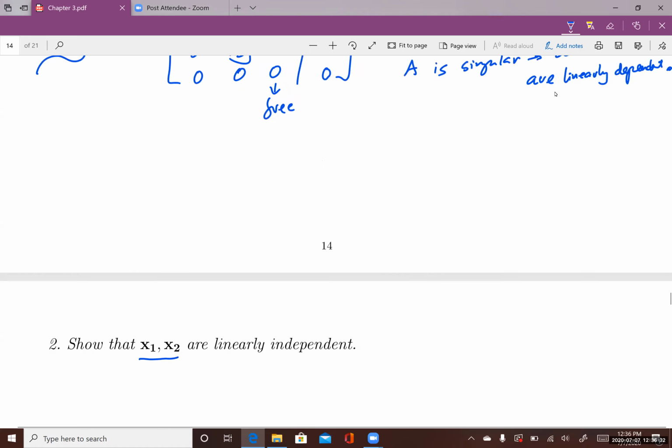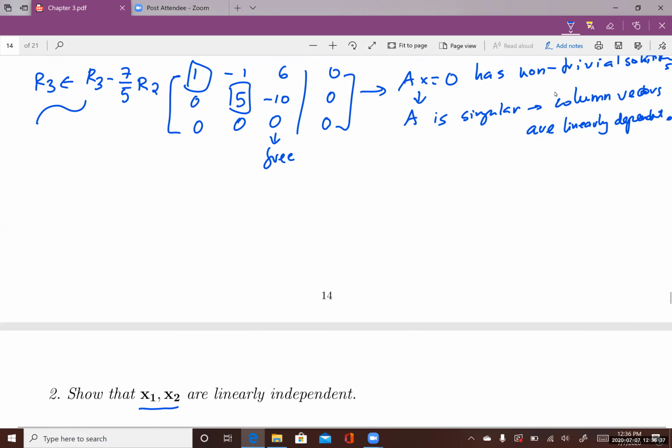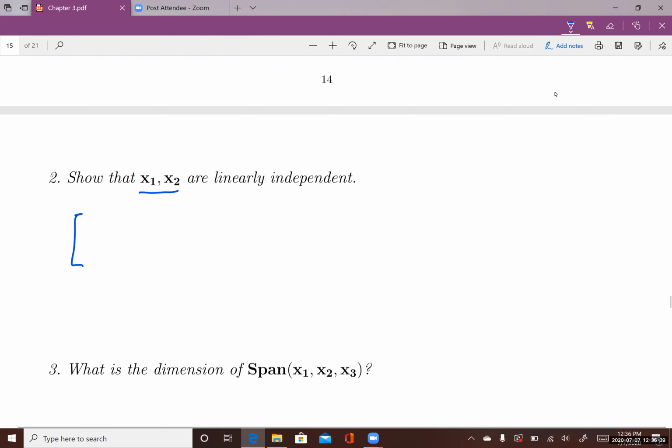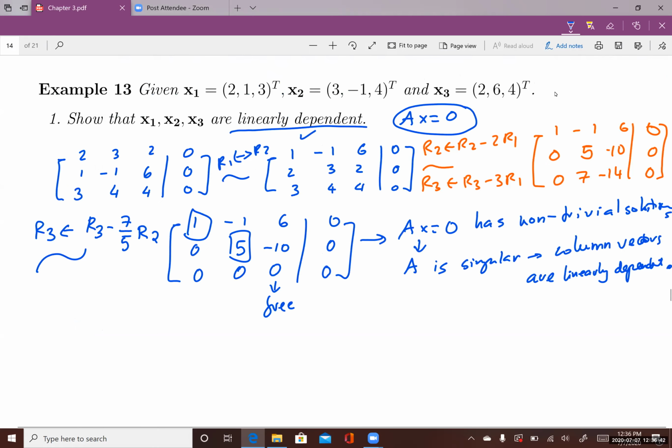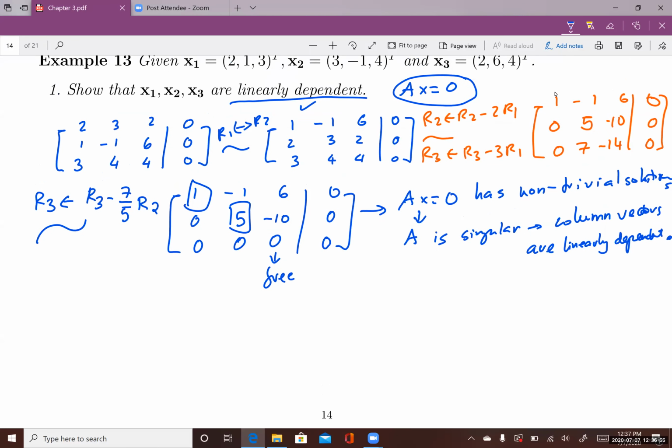Well, the next thing is, I want to show that x1 and x2 are linearly independent. Okay, how can I show that? I can show that by putting them into a matrix. 2, 1, 3, and then 3, -1, 4. Okay, again, I augment it with 0. And as you see, using the work that I have done here, by doing similar row operations, I would have this matrix here.